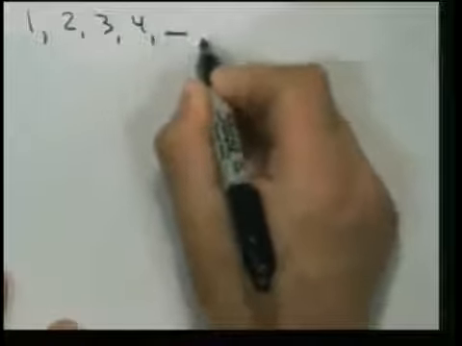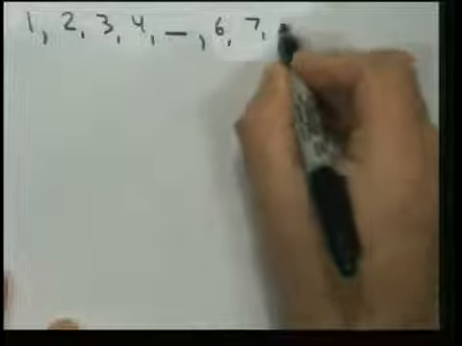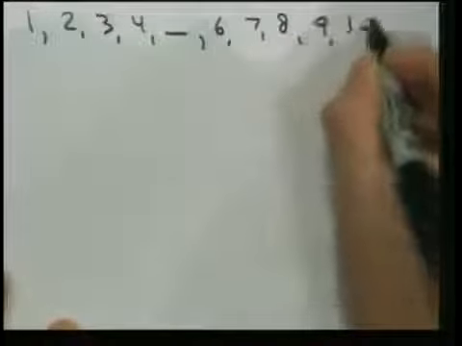Okay, let me give a quiz. I'm going to give this quiz to just Brian. And I don't want you to be a smart aleck. Just look at the quiz, and I want you to answer this for me, okay? 1, 2, 3, 4, blank, 6, 7, 8, 9, 10.